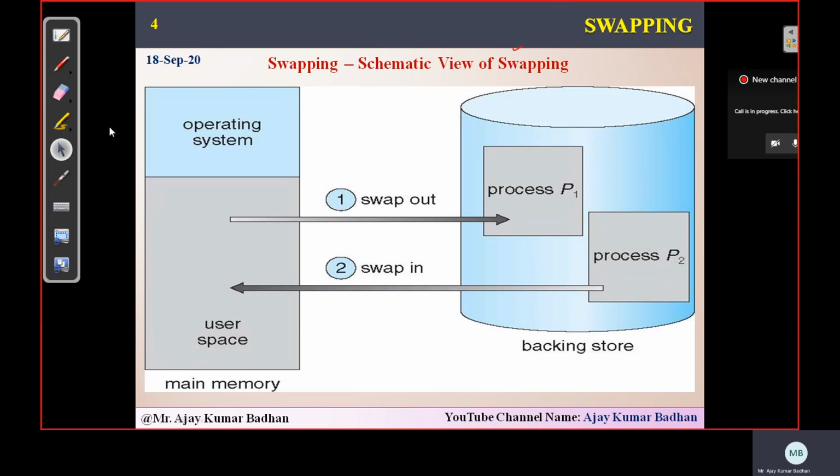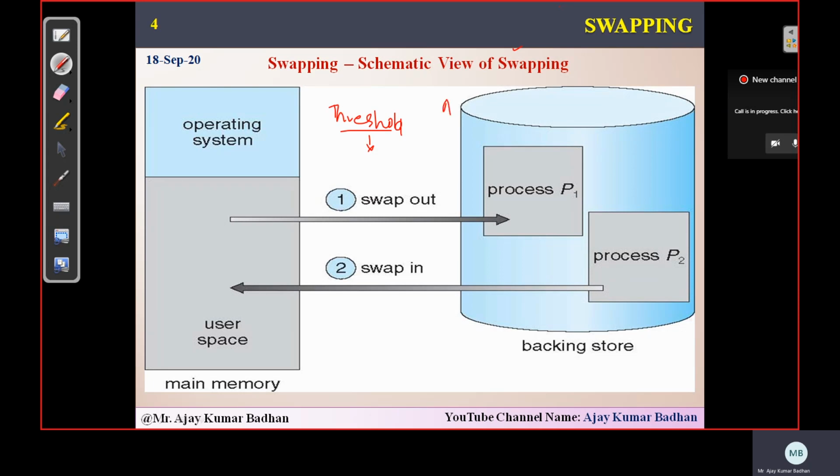One more point I want to mention is that the latest operating systems don't use swapping most of the time. Modern operating systems do have swapping, but most of the time it will be in a disabled state. Here the modern operating systems use a threshold concept. A threshold is nothing but a target.